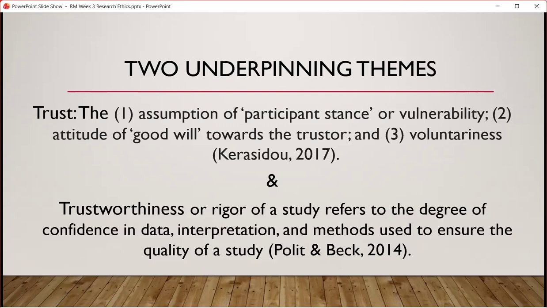So again, not just the data gathered, but how is it interpreted? How is it presented? And were the methods used of good rigor and ethical standards to ensure that you got good data?